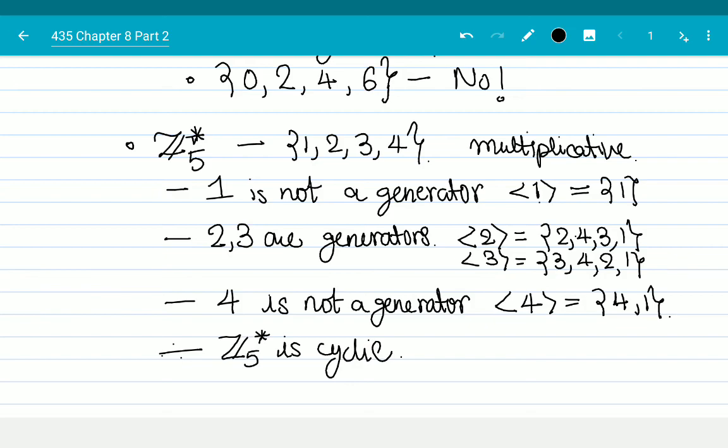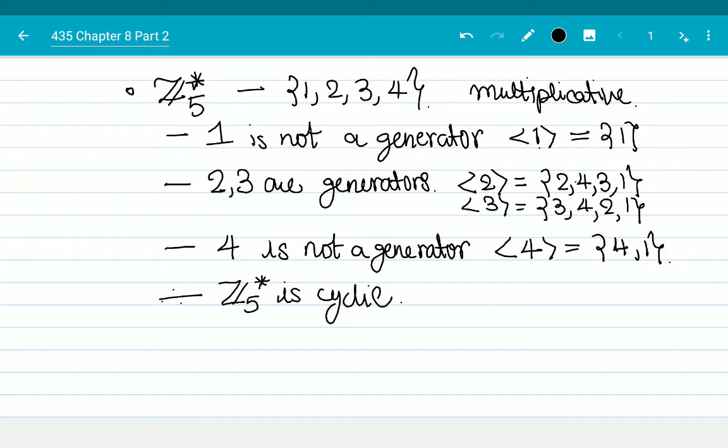Now, if you think about it, Z5 star has 4 elements: 1, 2, 3, 4. Another group which has 4 elements is Z4 under addition, which is 0, 1, 2, 3.